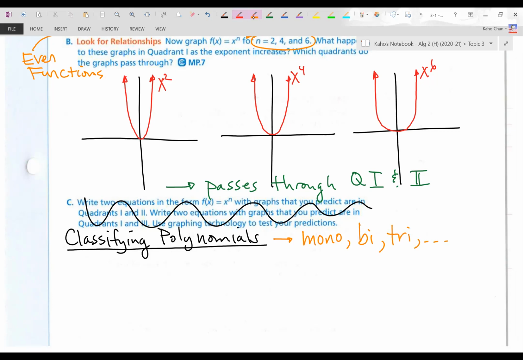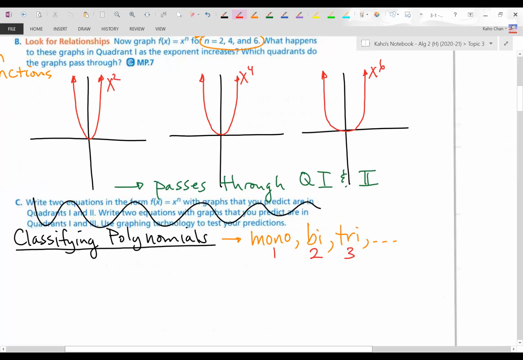So mono means 1 term, bi means 2, tri means 3. These are terms that are added or subtracted together. Some vocabulary that pops up. The degree of a polynomial is mentioned. Actually, I should just say degree of a monomial.